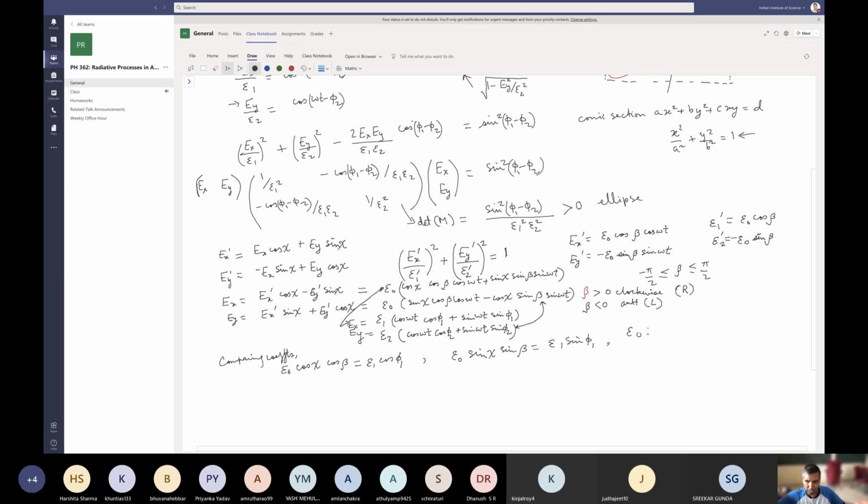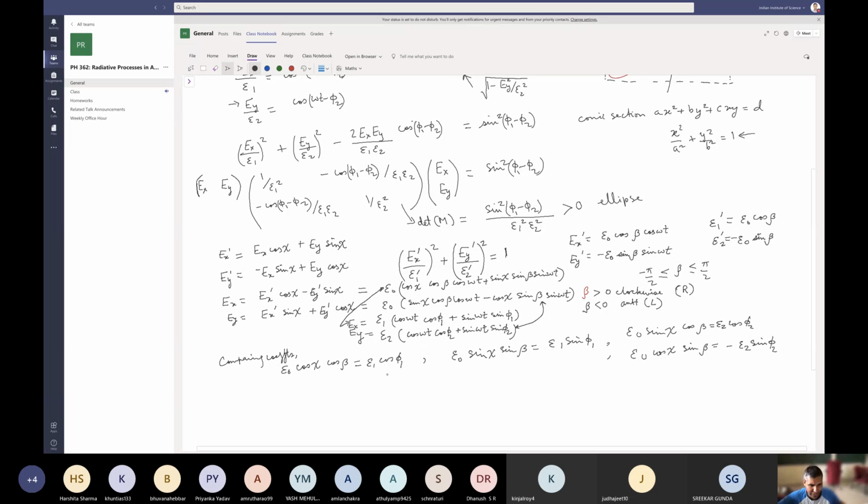From the third comparison, epsilon naught sine chi cos beta is equal to epsilon 2 cos phi 2. And the fourth relation is epsilon naught cos chi sine beta is equal to minus epsilon 2 sine phi 2.